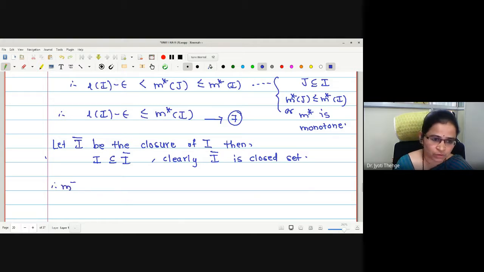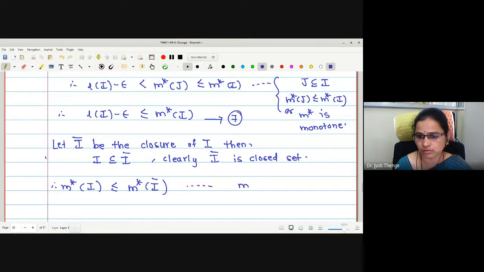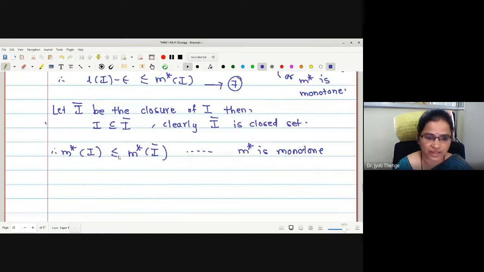Then what about the outer measure? Outer measure of I is less than or equal to outer measure of I bar. Which property have I used again? Monotone. Good. M star is monotone. Now M star of I bar is equal to length of I bar, no?